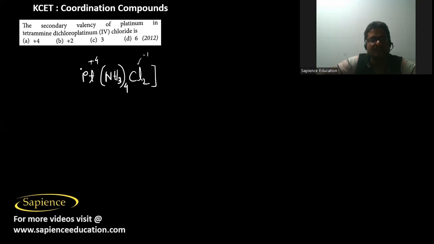So the net charge on this complex ion is +2, so Cl2 will be required. So its name is tetraamminedichloroplatinum(IV) chloride. Here the oxidation state of platinum is +4.